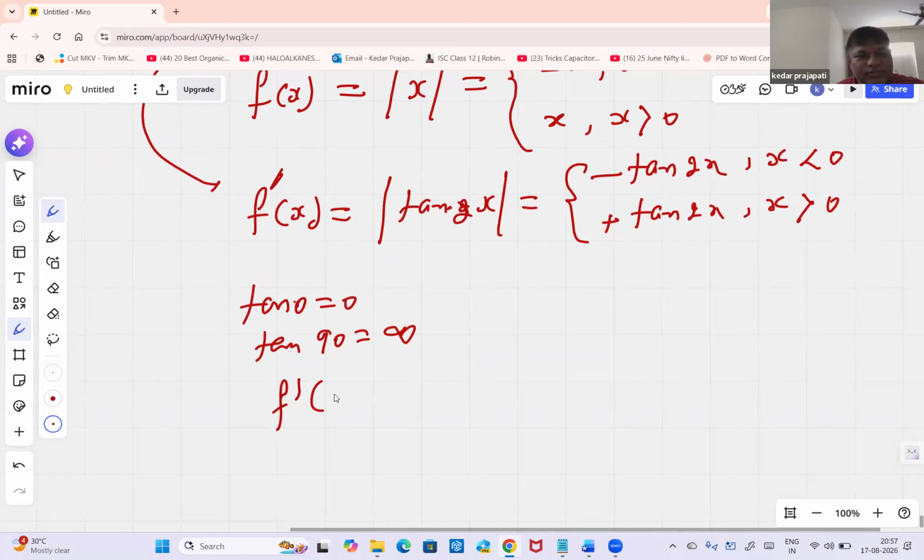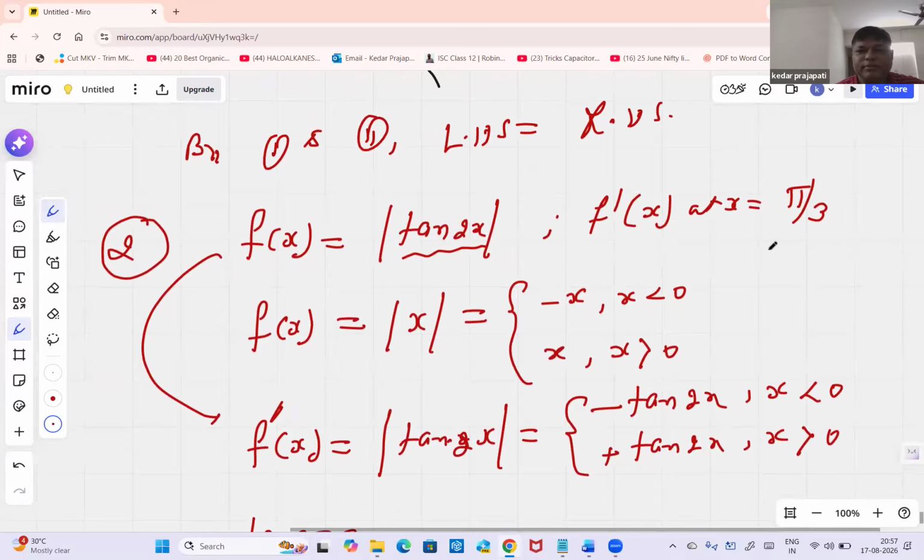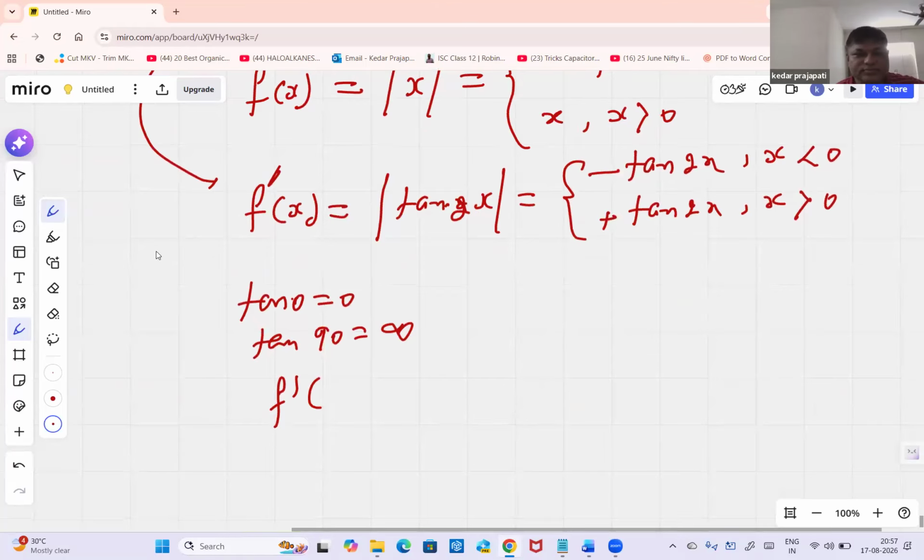So f dash in place of x will be pi by 3, is equal to, I think some condition is missing here. How will two values come? Okay, let's see.